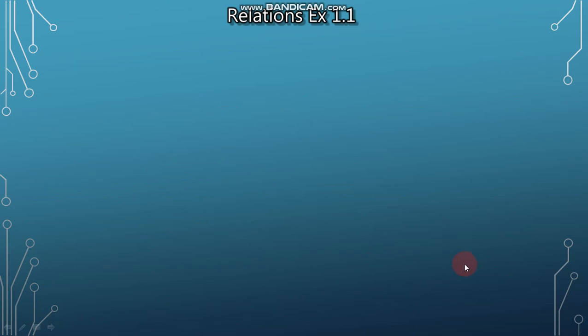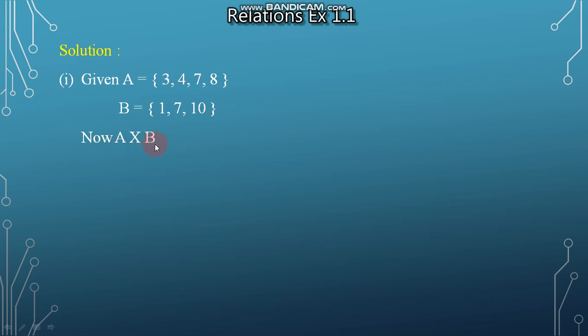Here the solution is: given A is equal to {3, 4, 7, 8} and B is equal to {1, 7, 10}. So first we are going to find A cross B. So {3, 4, 7, 8} cross {1, 7, 10}.